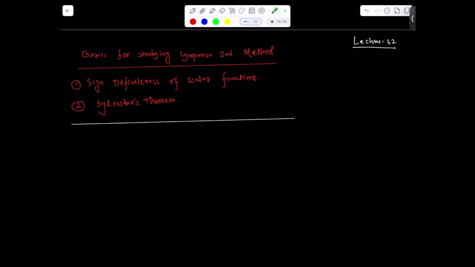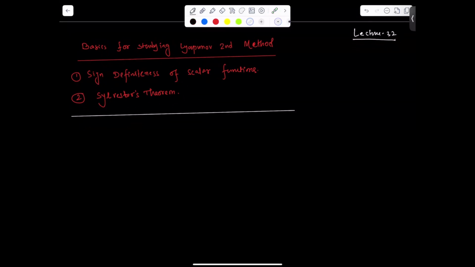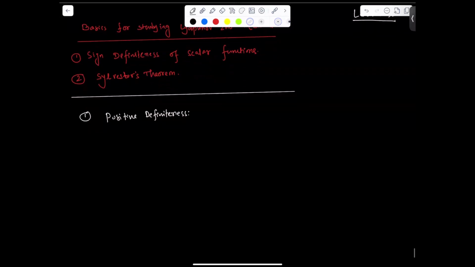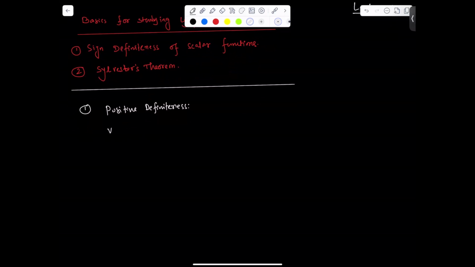So the first part is sign definiteness. Here, we'll come up with positive definiteness. Let's assume we have the function V of x, which we can also write as V(x1, x2, ..., xn).